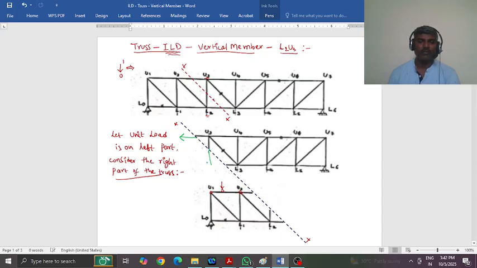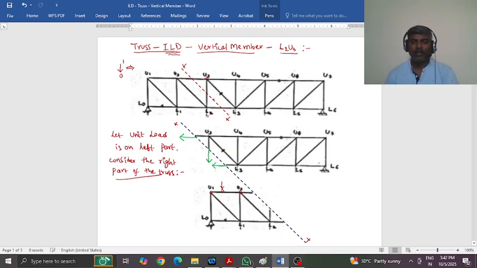You see this member is cut here, and the force acting on this member is vertically downward, and the member cut here is horizontal again. So this horizontal member is cut here, and this is the member force, this is the member force, and this is the member force, like this.